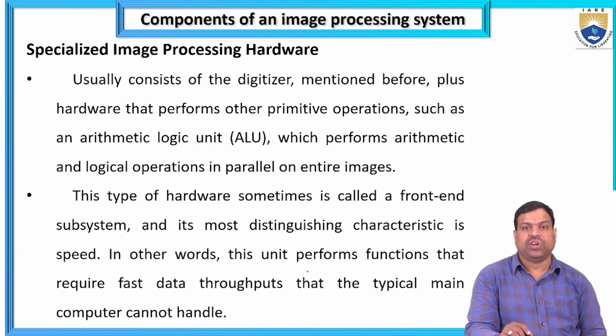This type of hardware is sometimes called a front-end subsystem, and its most distinguished characteristic is that this unit performs functions that require fast data throughput that the typical main computer cannot handle.